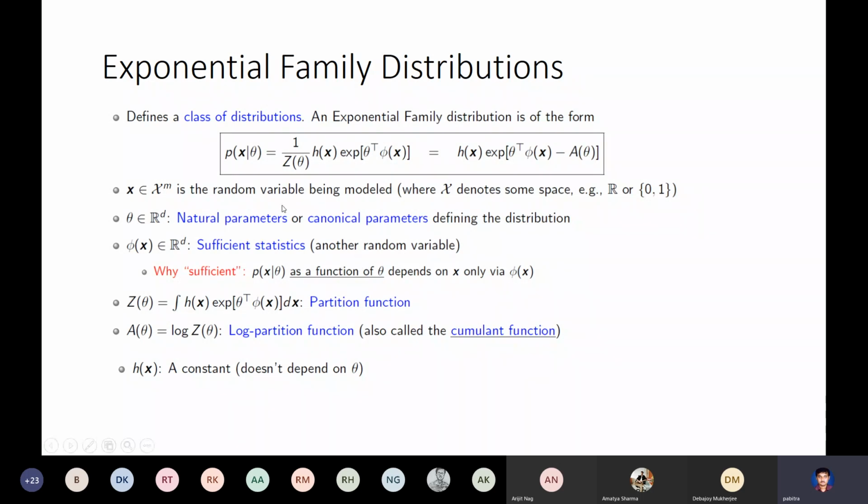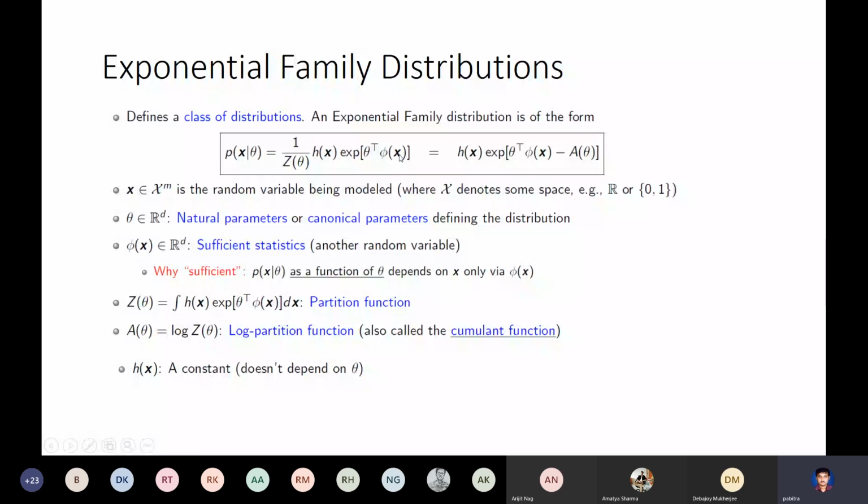It has a general form like this. If theta is your distribution parameters, the likelihood function, which is x given theta, is 1 by some z theta, a normalizing term, times some function of x, h of x. I'll explain what these individually are. h of x, e to the power theta transpose phi of x. Theta is a parameter of the function, times some function phi of x.